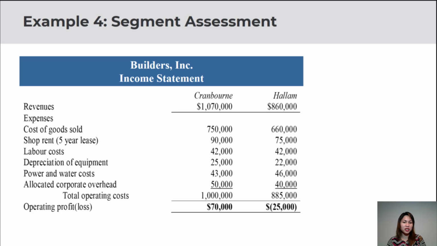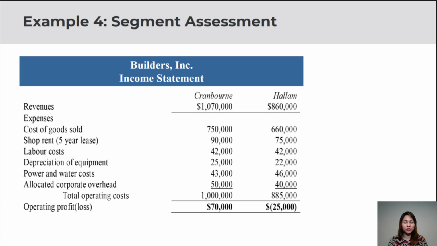Cranbourne made a profit of $70,000. So if you look at this data, it looks like Hallam needs to be dropped because it's making a loss of $25,000. But before we make a final decision, let's look at whether we have fixed costs that can be avoidable.